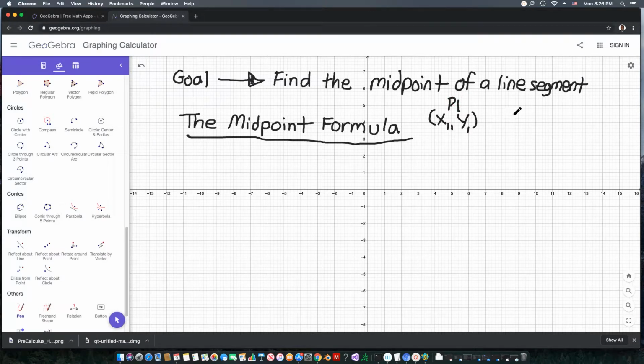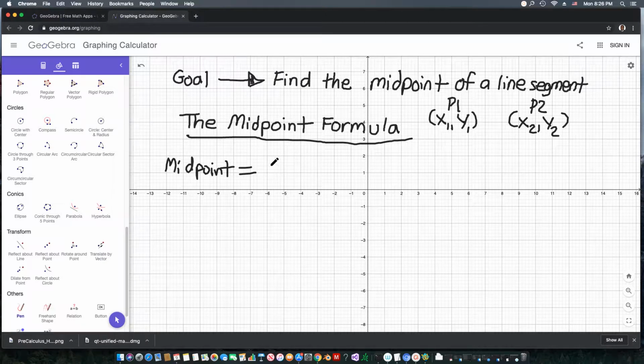And also we have x2, y2, which will represent point 2. So we say that the midpoint can be derived from these 2 endpoints and averaging out the coordinates.